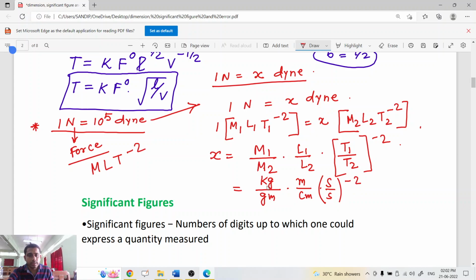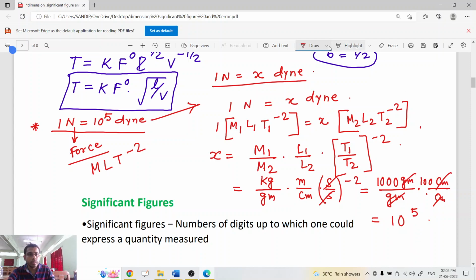So if you replace kg with gram, then you find 1000 gram by gram into 100 centimeter upon centimeter, and second is canceled, so gram cancels and centimeter cancels, so we get x is equal to 10 to the power 5.